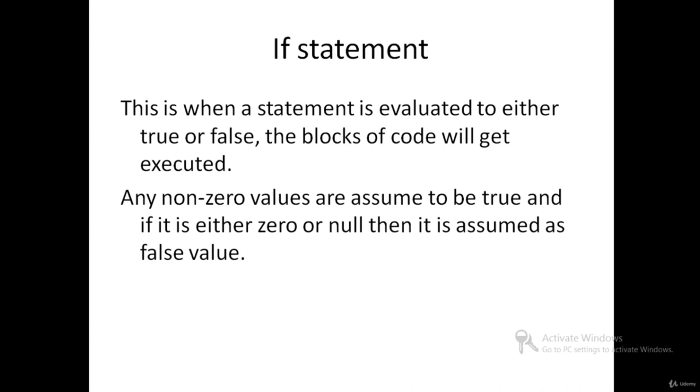With the if statement, when a statement is evaluated to either true or false, the block of code will get executed. Any non-zero values are assumed to be true, and if it is either 0 or null, then it is assumed as false. Let us go to our code block and then see how the if statement behaves.